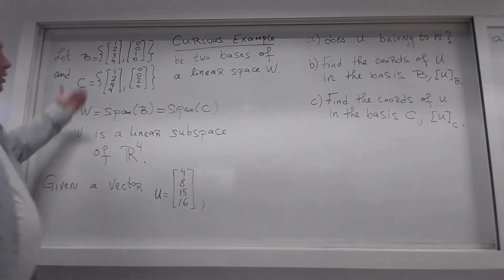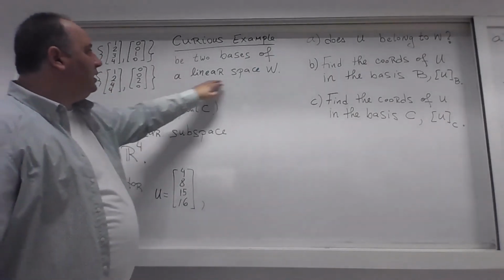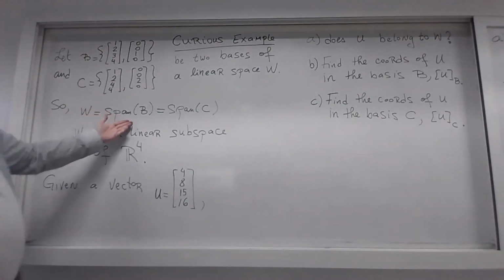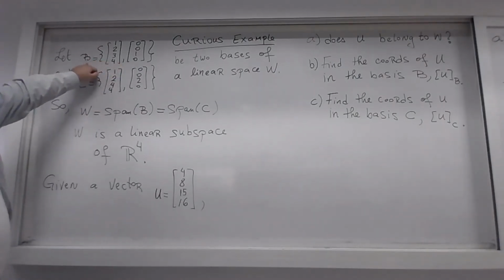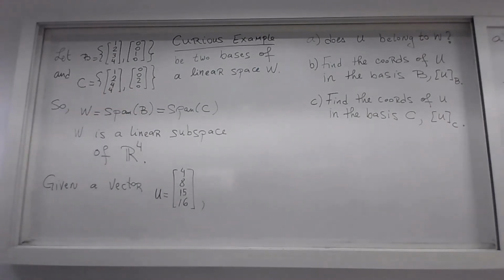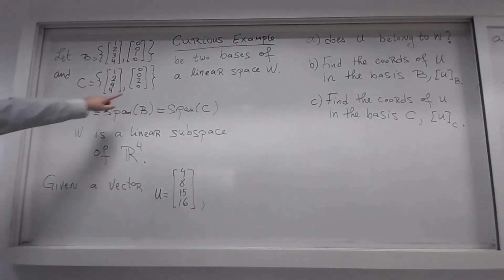And those two sets of vectors are bases for a linear space called W. So what's W? W is just the span of these two vectors, so the span of basis B, which is the same as the span of basis C. So W is just a linear space generated by two vectors. These two or these two is the same space.